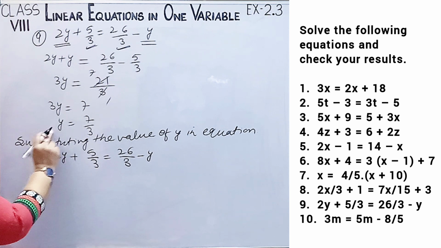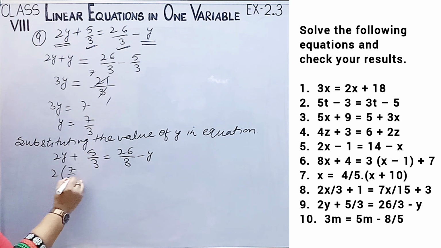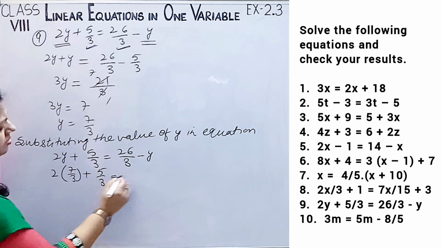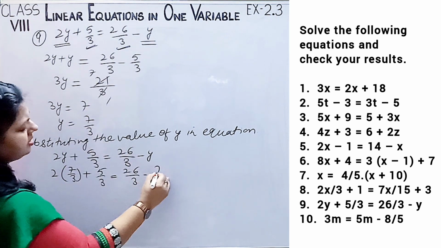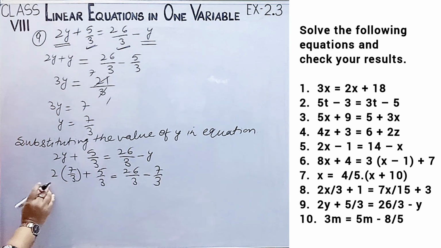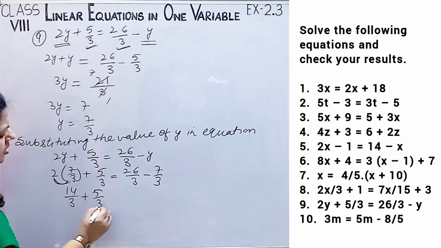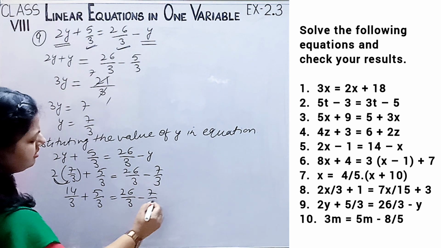What is the value of y? 7 upon 3. So putting here 2 times 7 upon 3 plus 5 upon 3 equal to 26 upon 3 minus 7 upon 3. Multiply because we have a bracket sign here. So 2 7s are 14, 14 by 3 plus 5 by 3 equal to 26 upon 3 minus 7 upon 3.